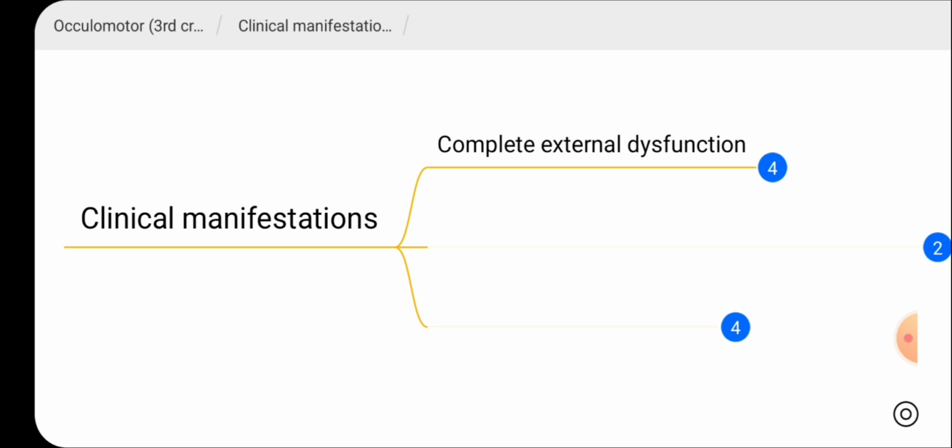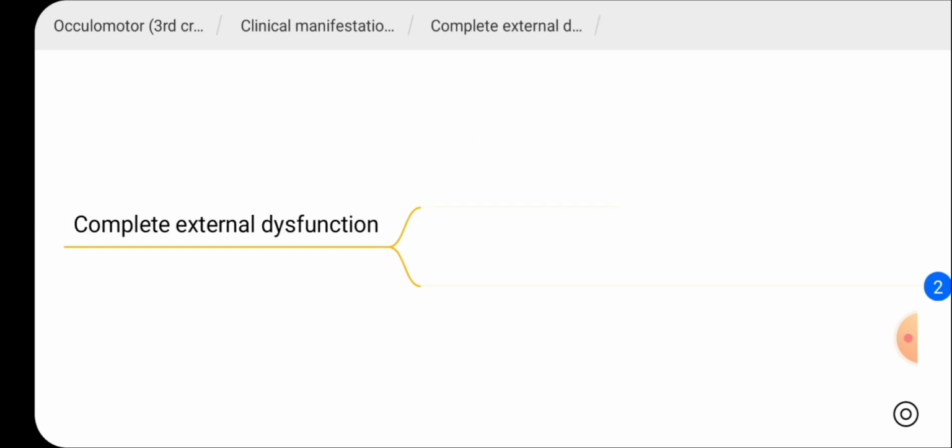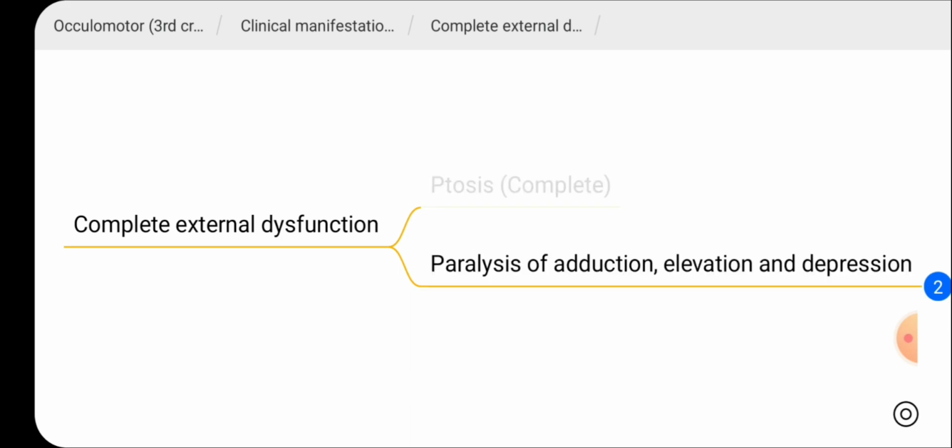In complete external dysfunction, there can be complete ptosis due to paralysis of the levator muscle, and due to paralysis of the extraocular muscles, there is paralysis of adduction, elevation, and depression.